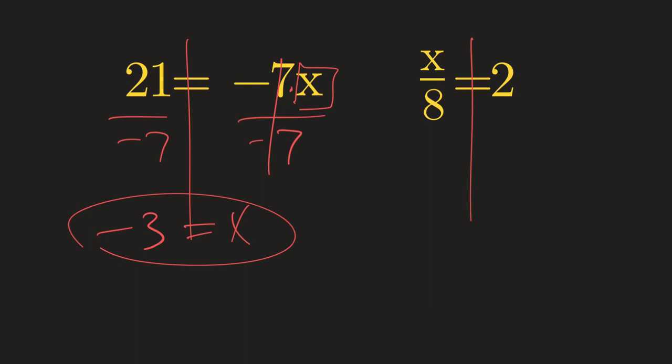So on this one, again, what are we solving for? Solving for x. If x is being divided by 8, what undoes division? Multiplication. So if we're dividing x by 8, we're going to undo that by multiplying both sides by 8.